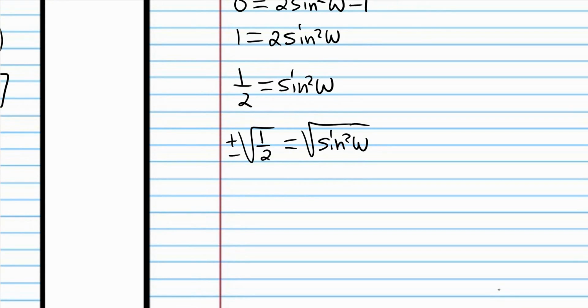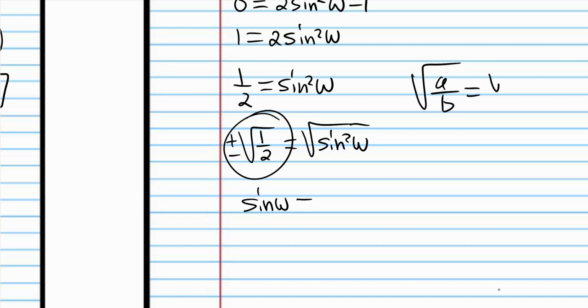So I'm going to flip the equation around. I just prefer it to be that way. So now, remember, when you square root a fraction, you square root the numerator and divide by the square root of the denominator. So we get square root 1 over square root 2.